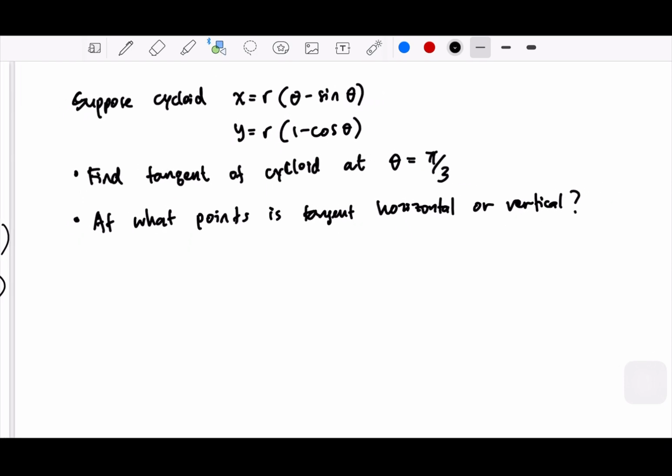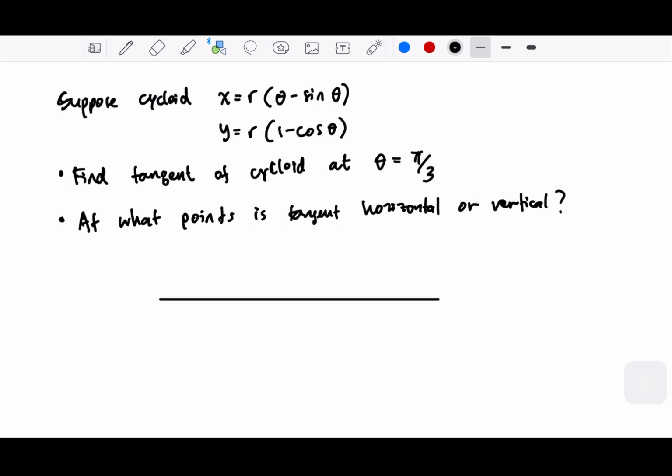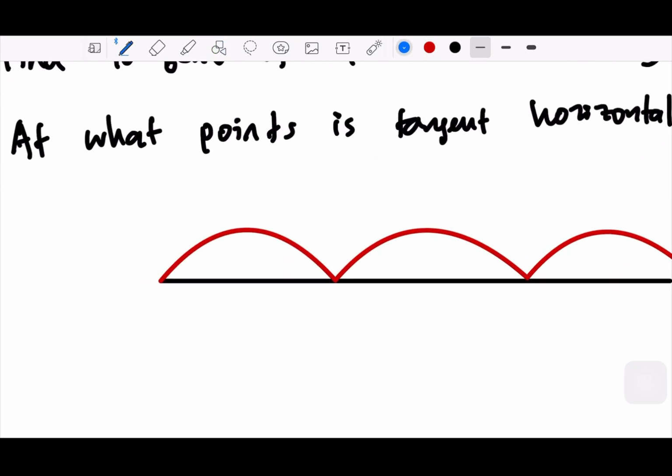Just a quick recap on how we are going to deal with the cycloids. Remember that this is your cycloid, maybe like that. Okay. So probably your horizontal will be here. Okay, you need to figure out this, right?